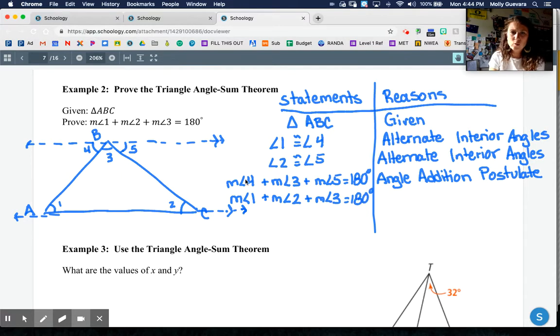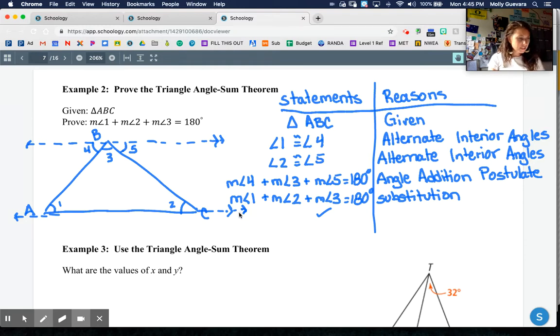Instead of angle 4, I wrote 1 because 4 and 1 are the same. And instead of 5, I wrote 2 because 2 and 5 are the same. So I just used substitution. And this is what I was trying to prove. So I'm done. I was trying to prove that 1 plus 2 plus 3 equals 180.